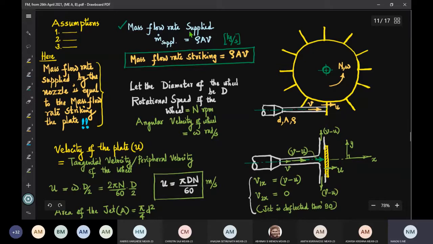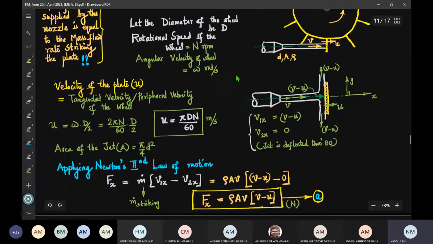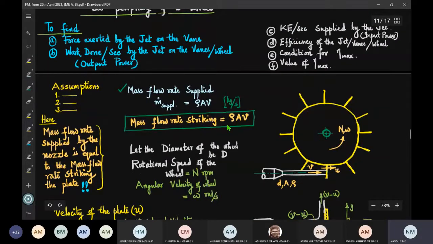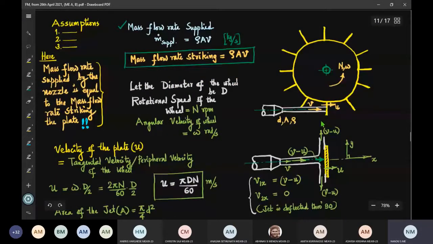Even though the vane is moving, the mass flow rate supplied will be the same as mass flow rate striking. So rho AV itself. The effective velocity with which the jet strikes, the relative velocity, is V minus U even in this case, but the mass flow rate is fully utilized.